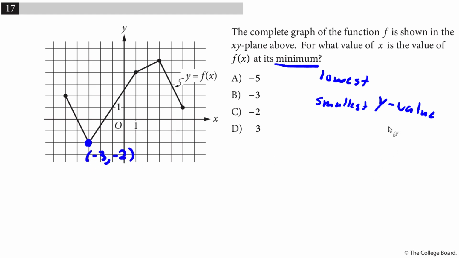If I'm talking about smallest y value, I have y is 2 here, y is 0, y is -2, and I notice that I never get a smaller value than -2. And so I want to find the x value that gives me this minimum. The x value is -3.